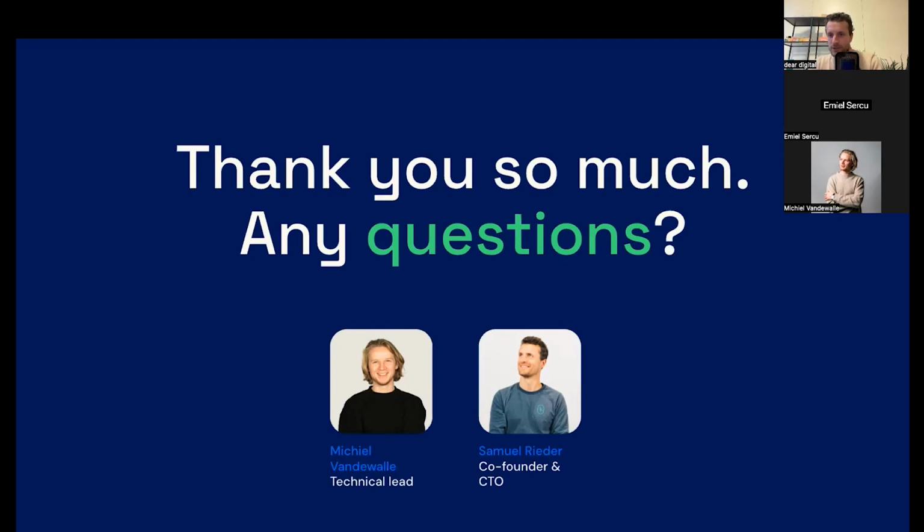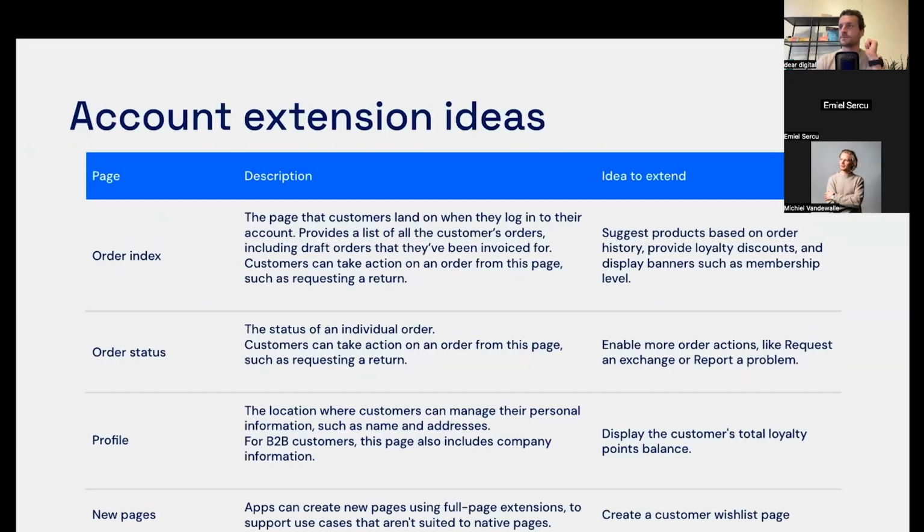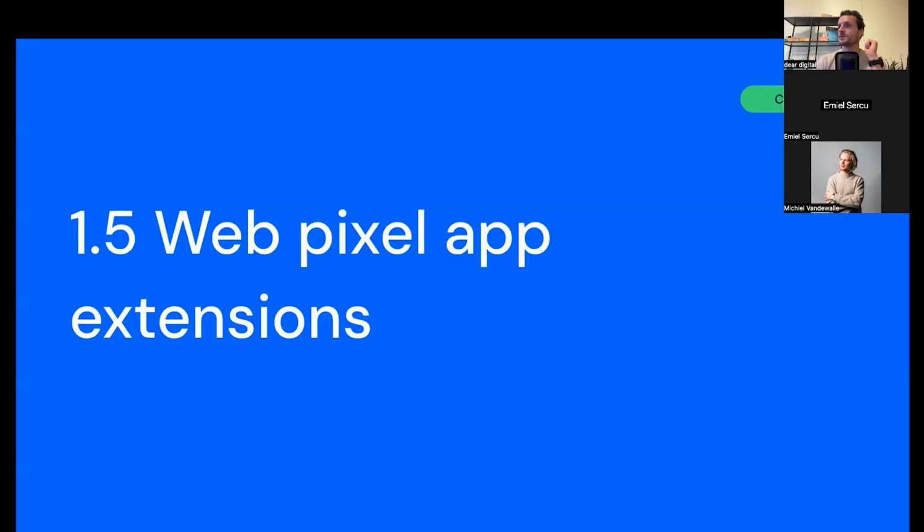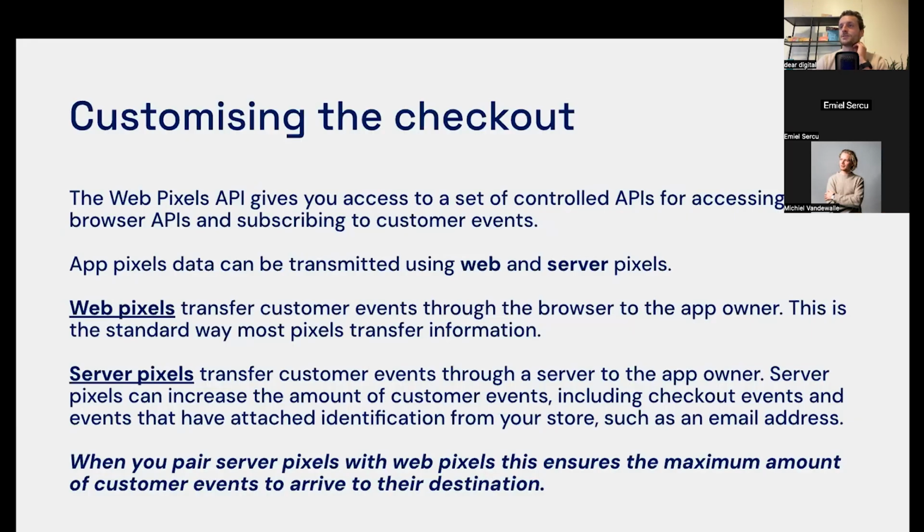I'm not able to measure all the way through to checkout and see what customers churn for. What can I do? This is exactly what you can do with the web pixel APIs. So if we go back to the slides, it's this part, web pixel app extensions. You can implement the APIs that Shopify gives us to understand where customers are clicking.